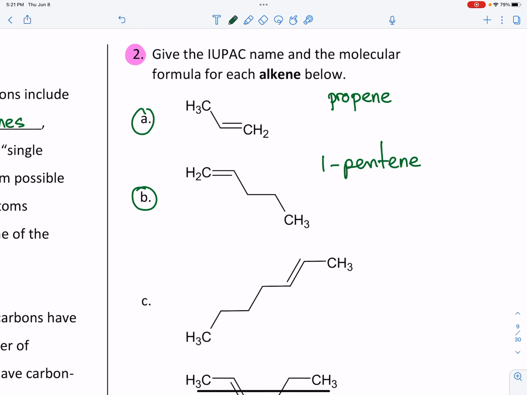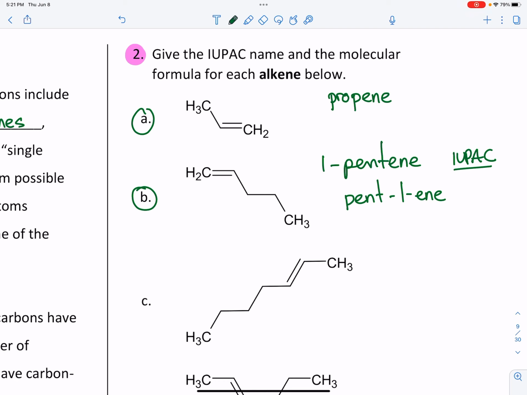They're saying 1 because the first bond was the double bond, and they put the 1 out front like that. The IUPAC way of doing it, IUPAC, this is the organization that gives us the rules for naming, they prefer to do it in a slightly different way. They'll say pent, and then they put a dash, a 1, another dash, and then ene, and you would say pent-1-ene.